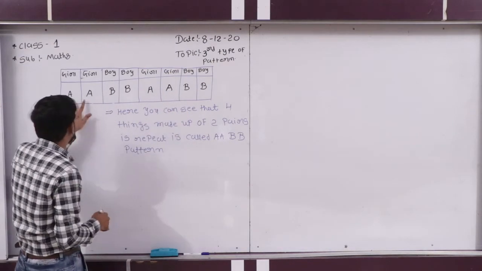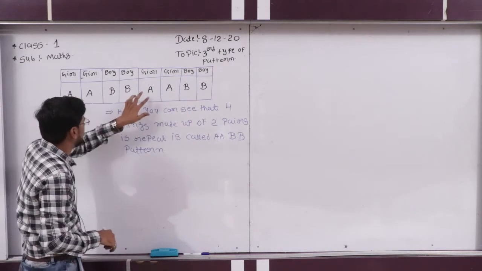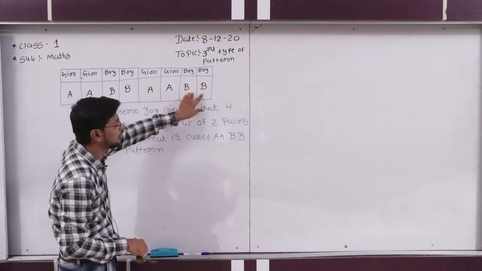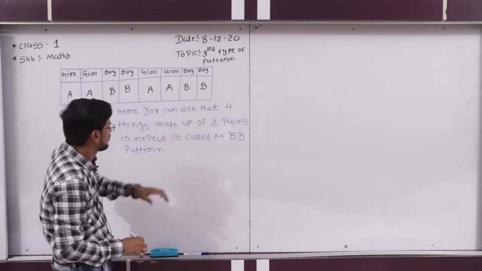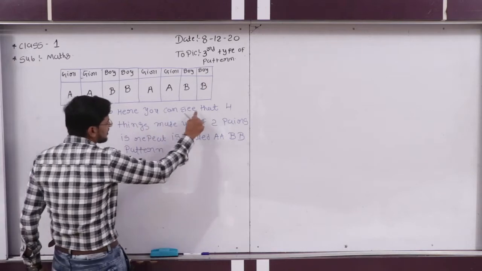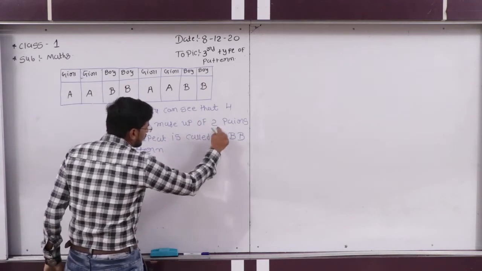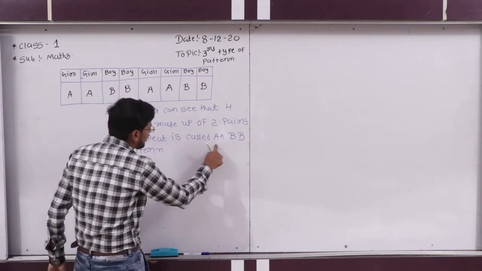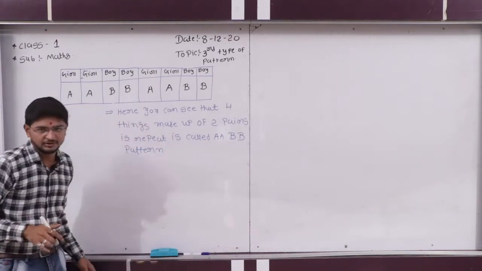First we start from A, then B, once again A repeated, and BB is repeated. So 4 things made up of 2 pairs repeated is called AABB pattern.